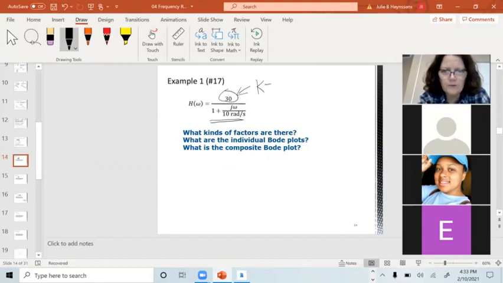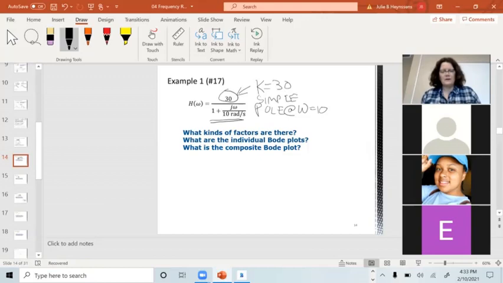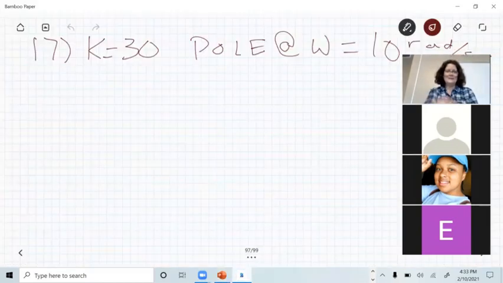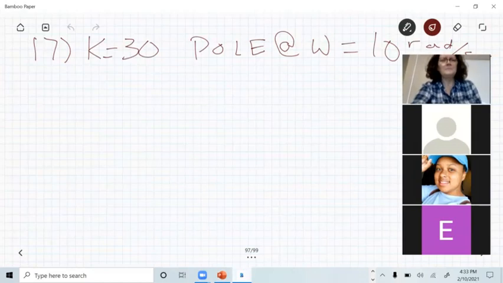My K equals 30, and I have a simple pole at omega equals 10 in the denominator. I can write much neater on bamboo paper, so this is why I transferred this over.